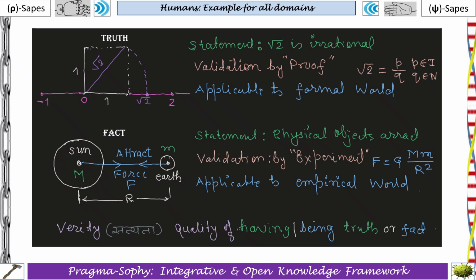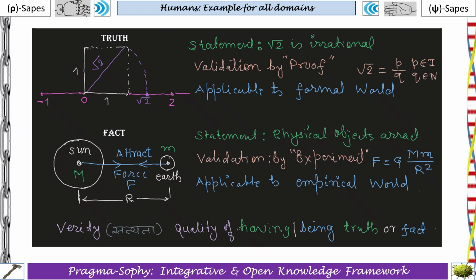Not through logical proof, like with root 2, but through experiment. Scientists observe phenomena, conduct experiments, and collect data.